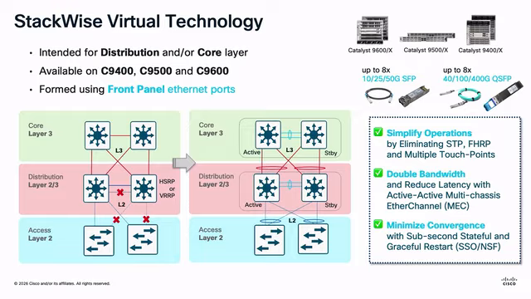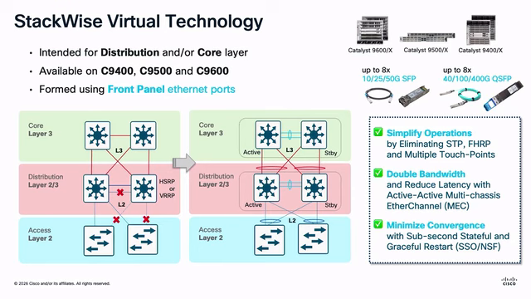Now moving on to StackWise Virtual. This is now your core or your distribution layer, okay? And it has the same physical design, so everything you learned from Jakob about core distribution access and the physical cabling behind it is still true here. But just like the access layer stacking, what I'm doing is I'm combining those core switches or those distribution switches into one, okay?